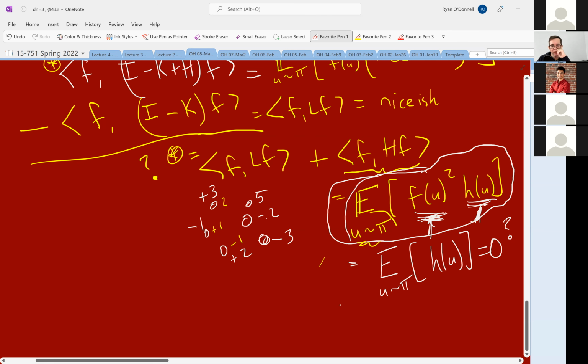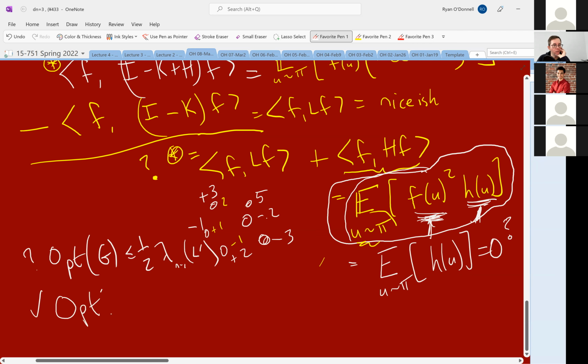Well, what are we trying to prove, by the way? That you can say op G is less than or equal to half times the top eigenvalue of L prime. And I guess we did show this.